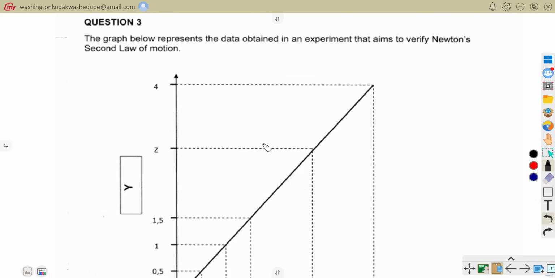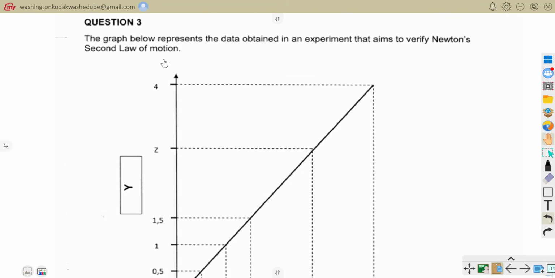Now, I also brought another question from another question paper, which says the graph below represents the data obtained in an experiment that aims to verify Newton's second law of motion.